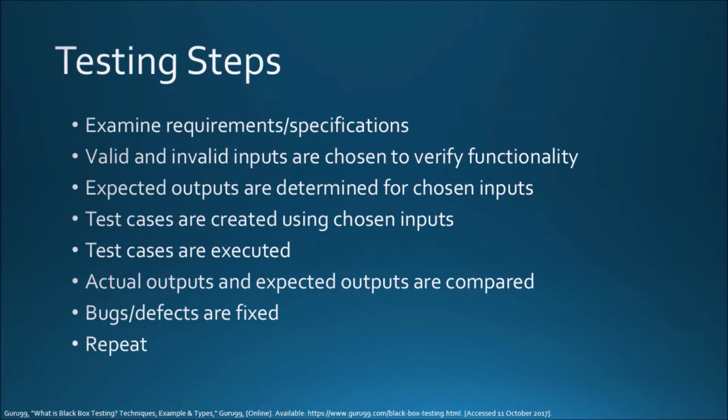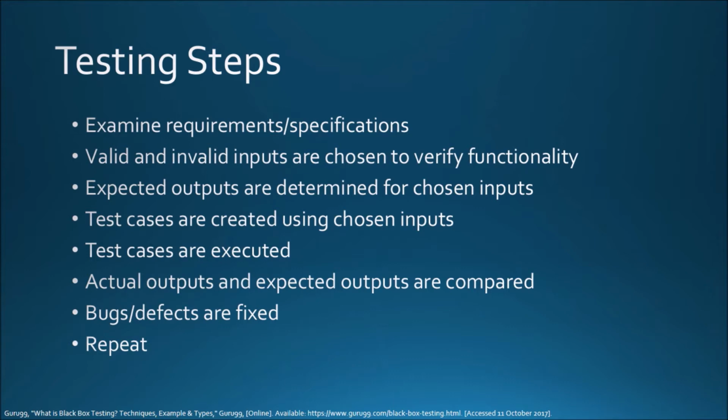So for the steps, you're first going to examine the requirements. You have to know what you're testing, or you can just go bang your head against the wall for all the good that you're going to do. And then you determine valid and invalid inputs.